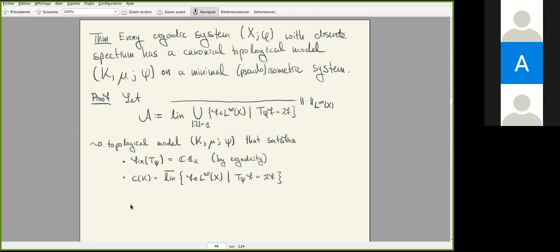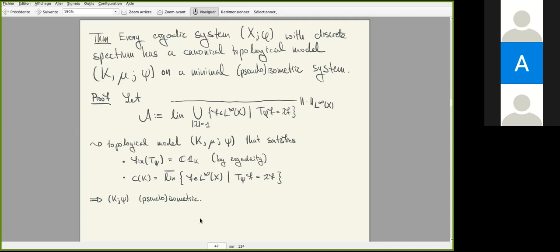Now, earlier we saw this characterization theorem, which says a system is isometric if and only if C of K is generated by eigenfunctions. So we can already conclude that this system is pseudo-isometric. And now we only need to check the minimality part.